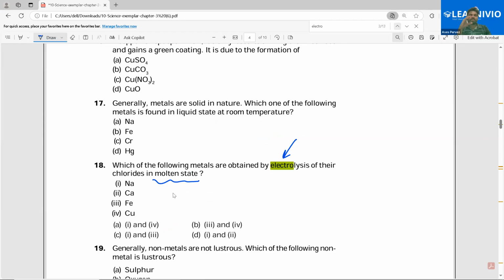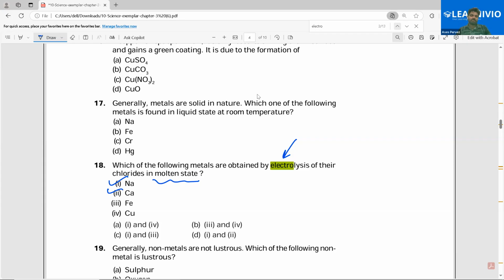So it means it is not refining, because we don't have the metal in molten form in refining. It is electrolytic reduction. Electrolytic reduction is done for highly reactive metals. Now tell me the answer. Option D. Sodium and calcium. Okay, but not iron and copper, because iron and copper are low reactive metals. Got it?